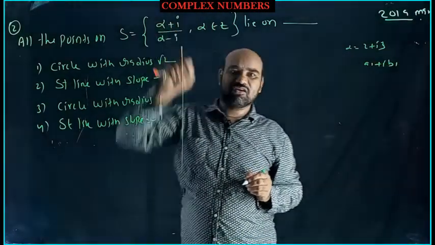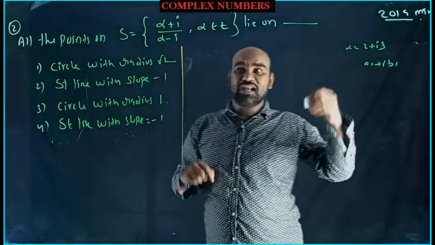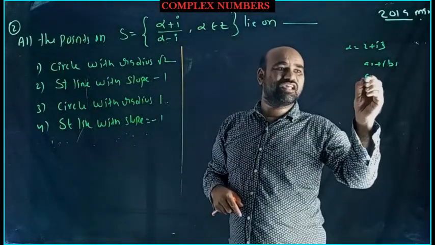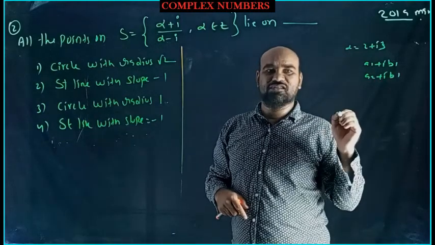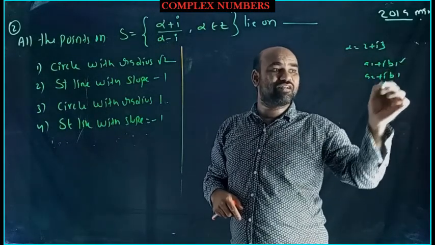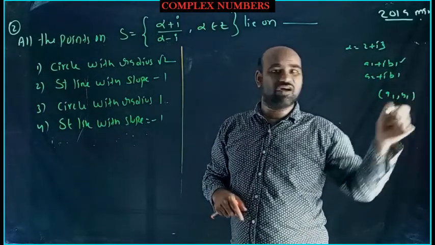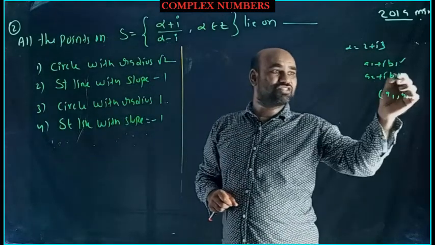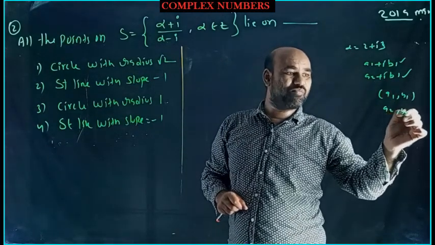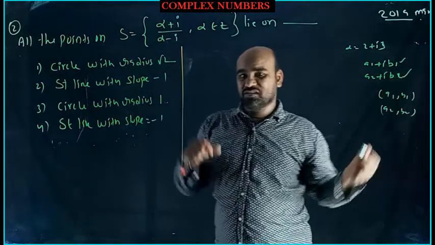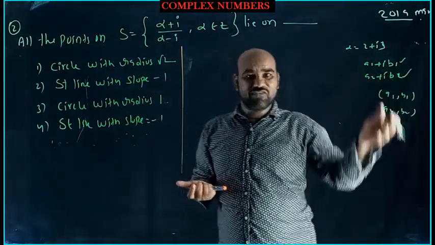Taking another value of alpha, you get another complex number, say a2 plus iota b2. So a1 plus iota b1 represents (a1, b1) on the Argand plane, and this complex number represents (a2, b2), another point on the same Argand plane. Like that, you get infinitely many points.